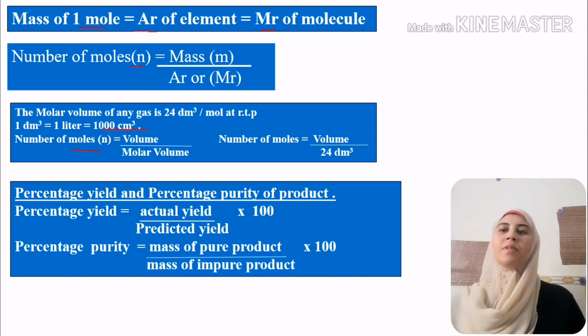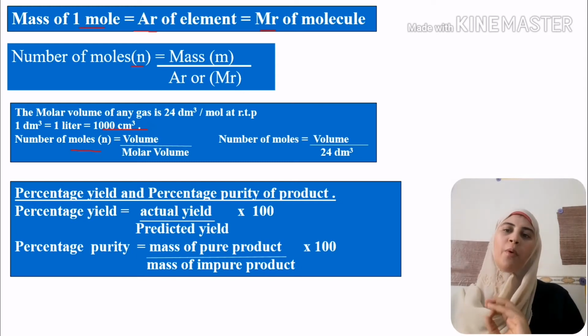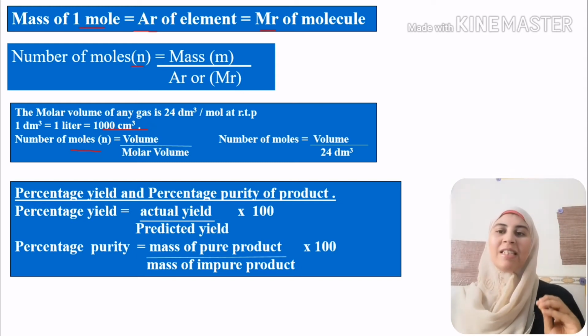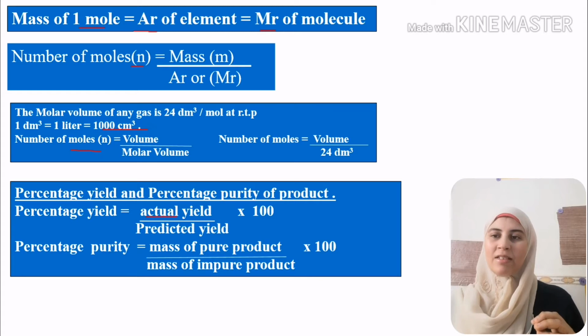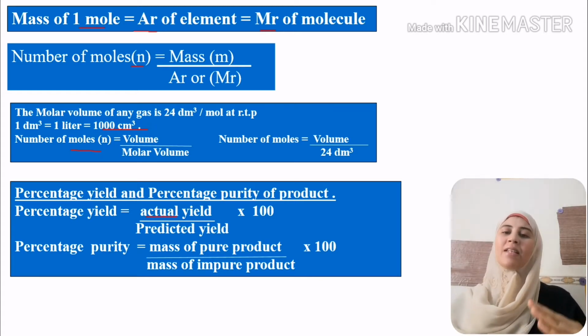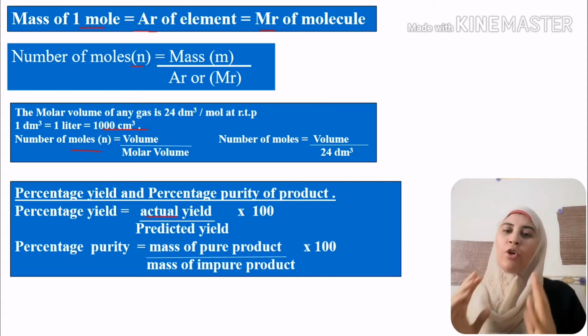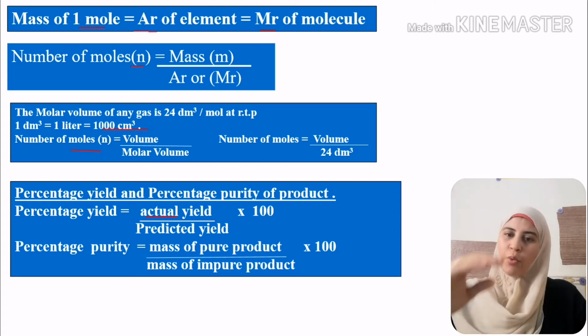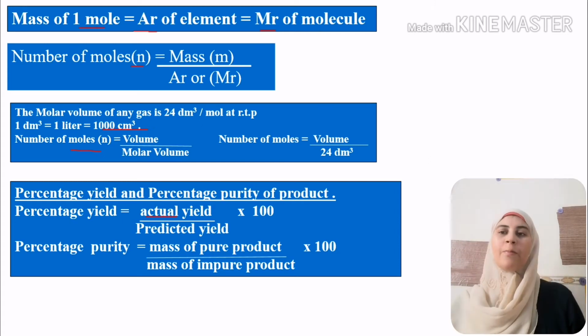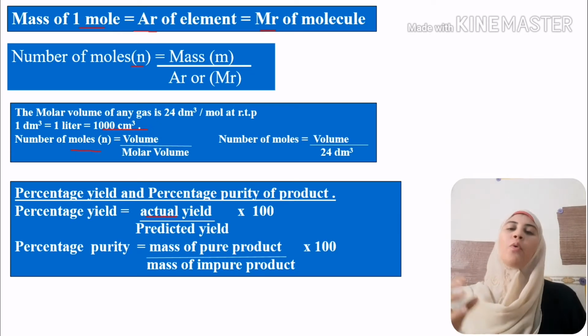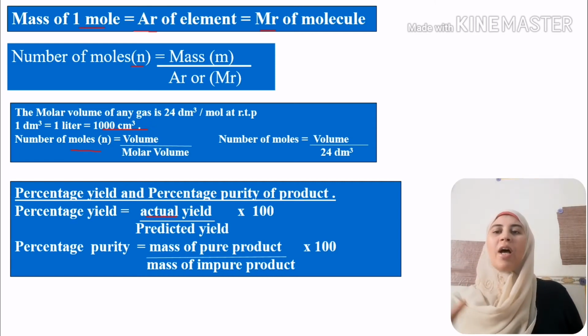Number 4. How can you calculate the percentage yield or the percentage purity of our product? Percentage yield equals your actual yield, which is usually given information in your question, over the predicted yield, or expected yield, or calculated yield, or theoretical yield, which you must calculate from the given information, times 100.